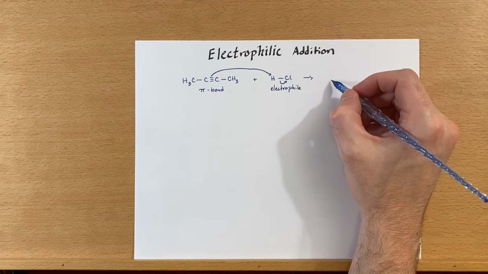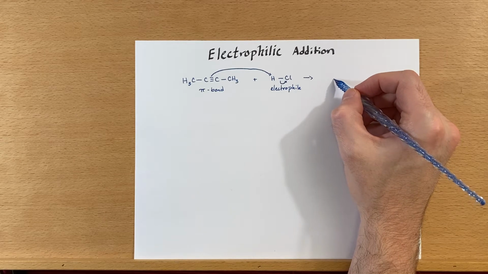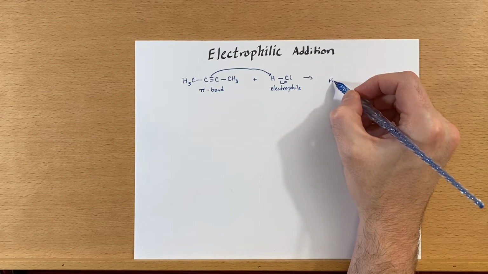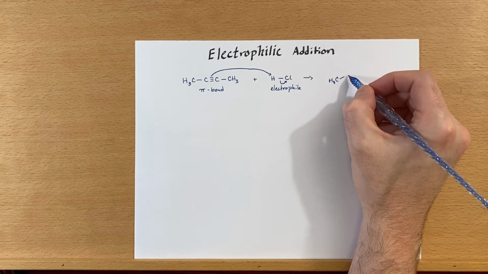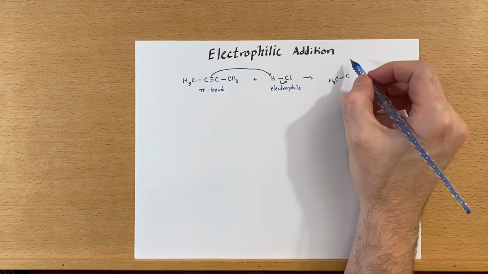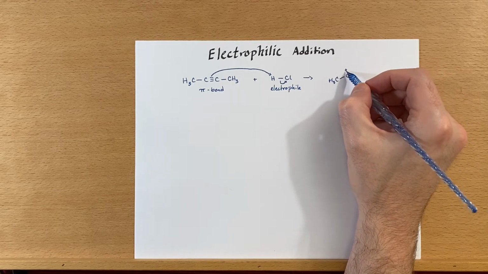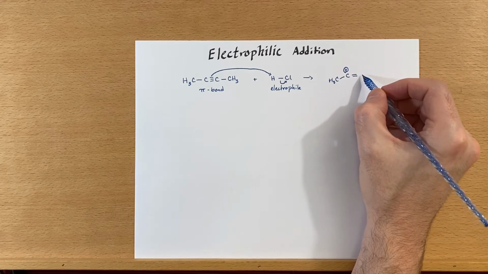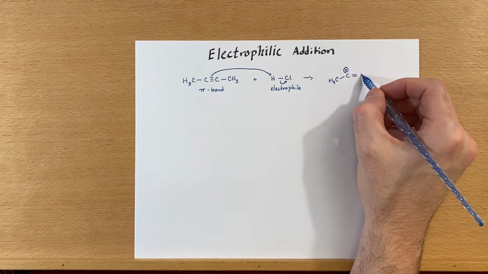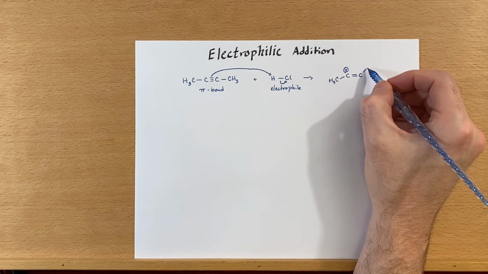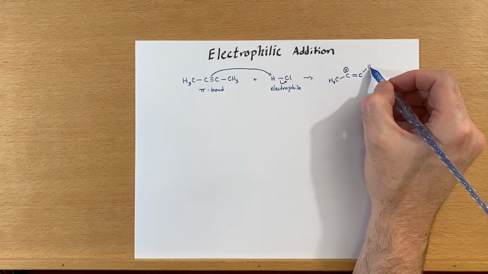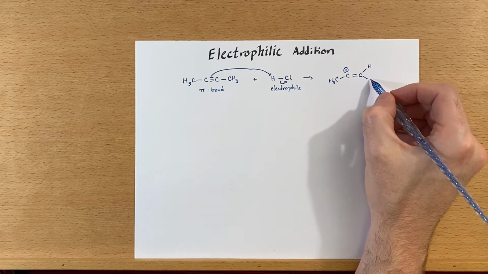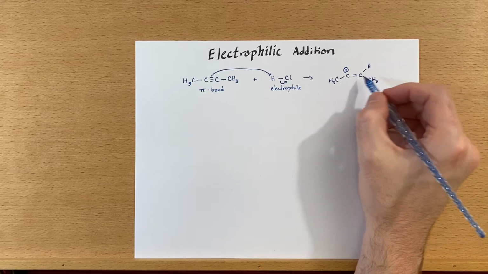And this will end up making this. Let's see here, H3C, C. And then we'll have a positive charge left on this carbon here. And it really wouldn't matter which carbon I draw this on.